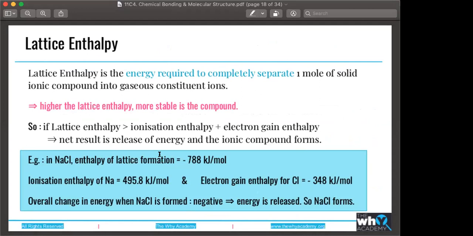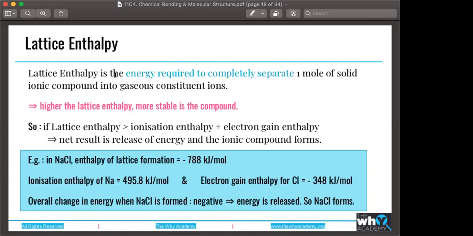Okay. So another way of putting lattice enthalpy is, it is the energy required to completely separate 1 mole of solid ionic compound into gaseous constituent ions.